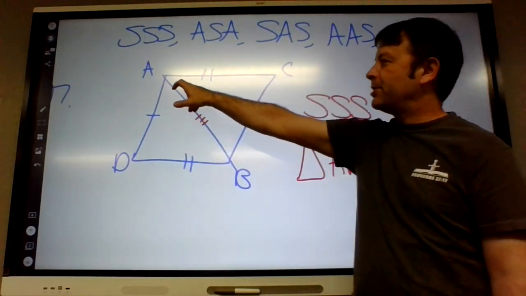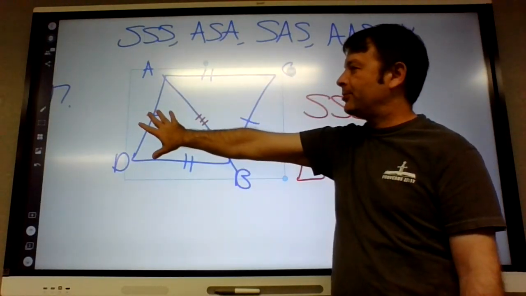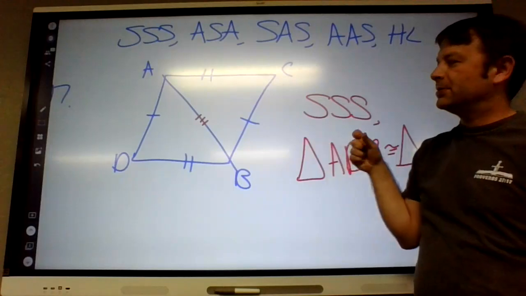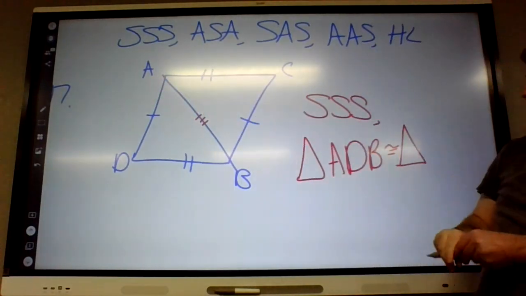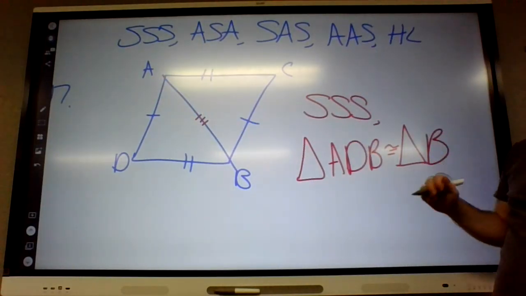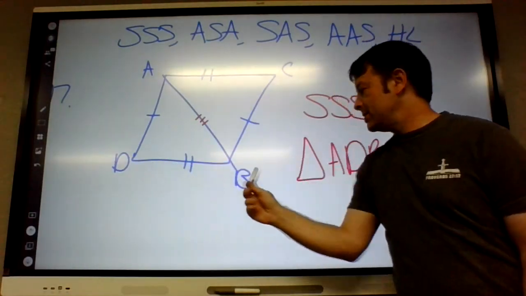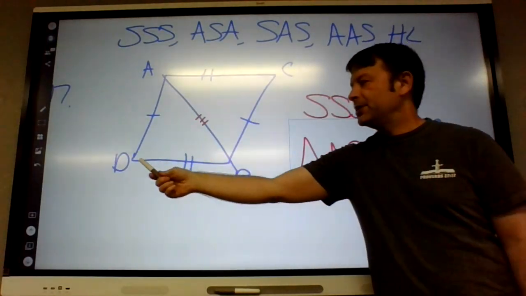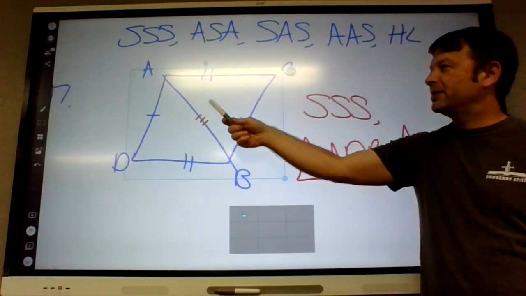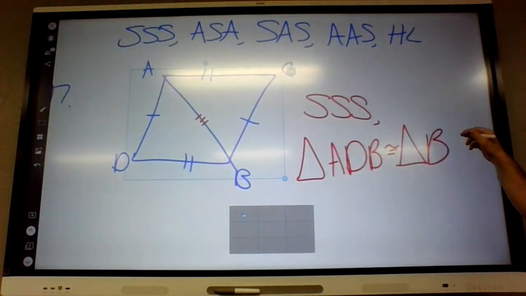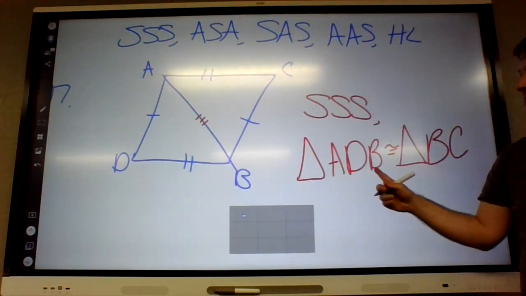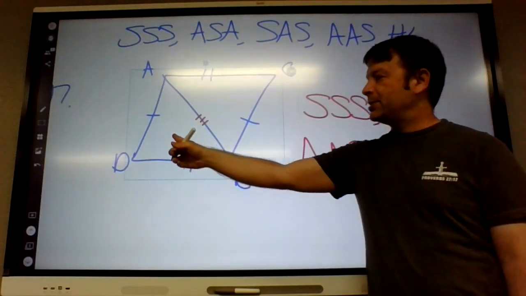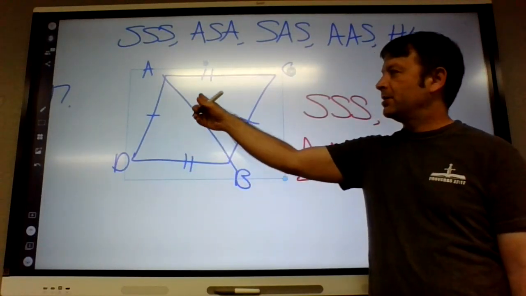Right? So if I start with A on this triangle, what should I start with on this triangle? B. A on this triangle is like B on that triangle. D on this triangle is like C. And then the last letter is B. B on this triangle is like A on this triangle.